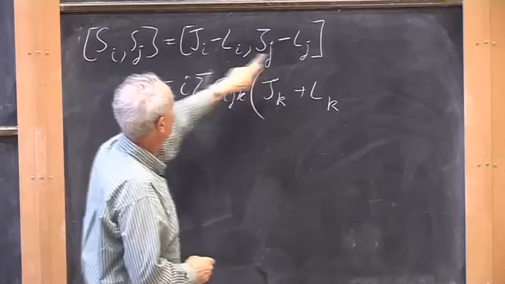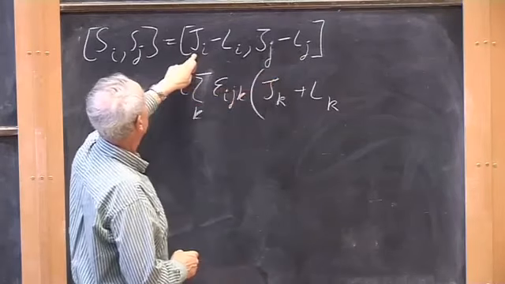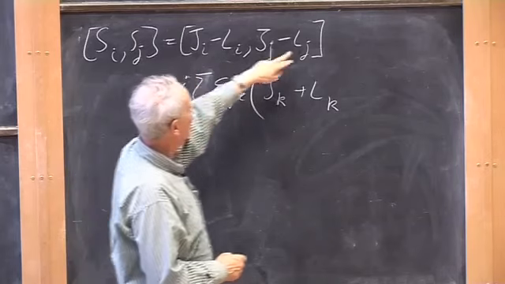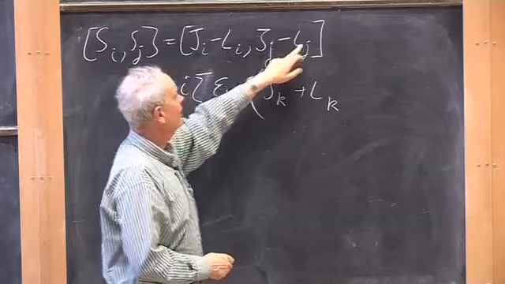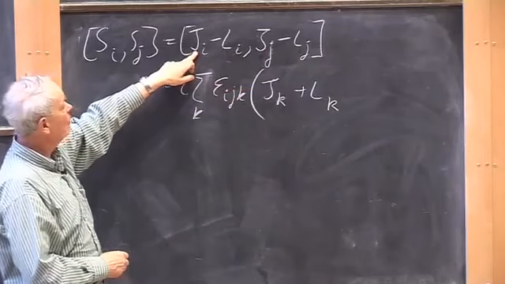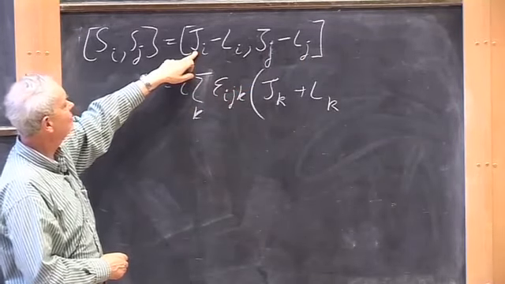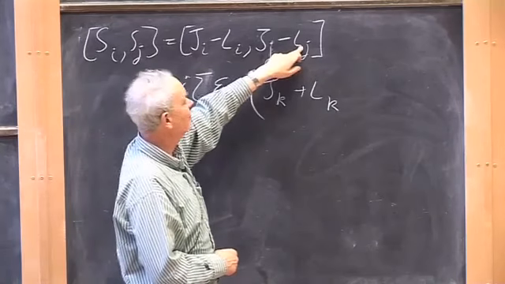Now we didn't write that down, but Ji commuting with Lk, this is a vector operator, and therefore this thing, when it commutes with this, always produces the missing component of this vector.